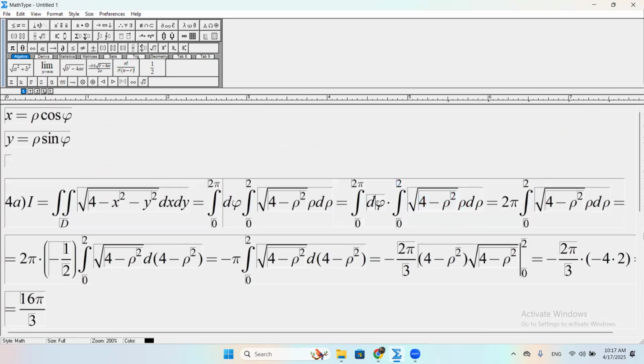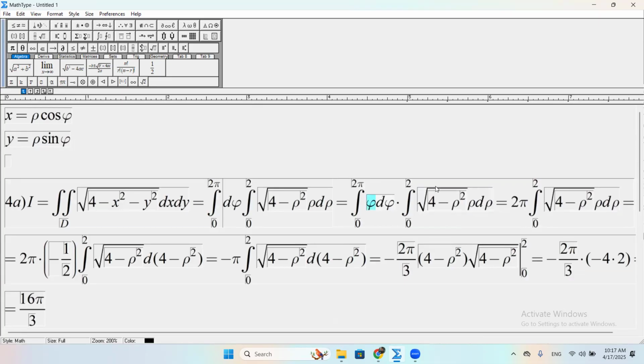If we had phi as an addend, for example 4 plus phi, it would be impossible to transfer to a product of integrals. But if for example phi is multiplied, we can move it to this integral and rewrite as a product.